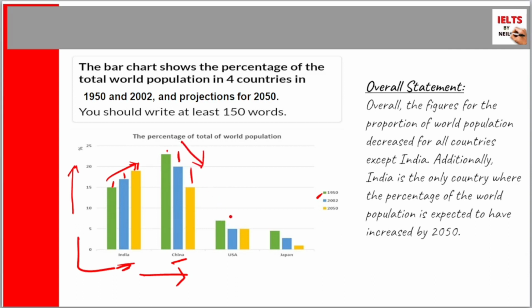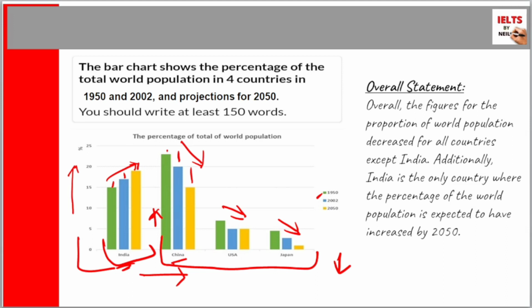And if you talk about the US, it's the same, it's decreasing, and Japan is decreasing. So did we find something very common here? These three countries, China, US, and Japan, are decreasing, whereas India is increasing. So this could be one of the overall statements.